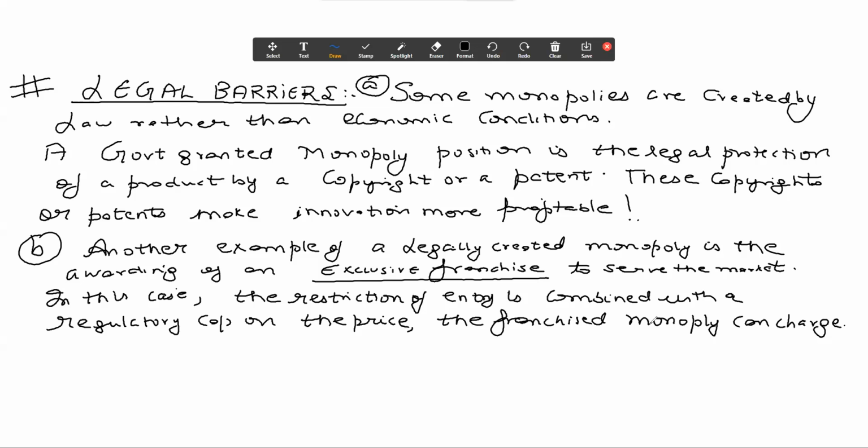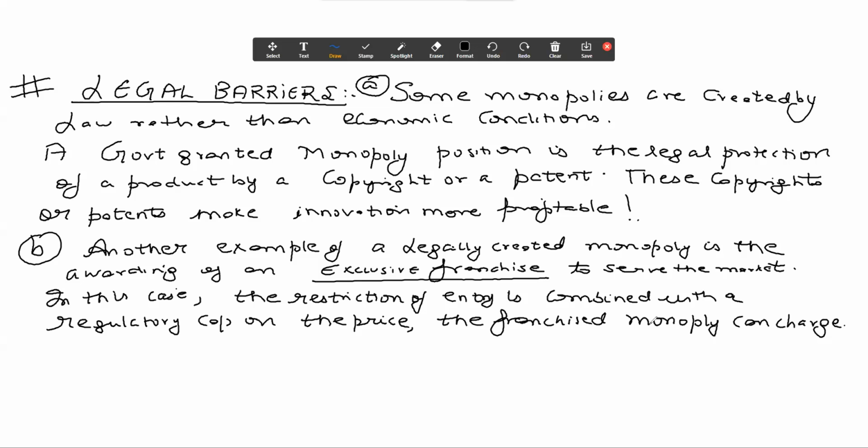So let me quickly revise with all the students once again. We are currently talking about legal barriers. When I talk about legal barrier, it is a monopoly created by law. Some monopolies are created by natural conditions. Some monopolies are created by law.